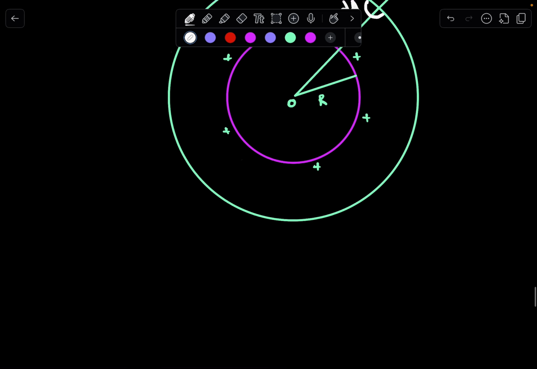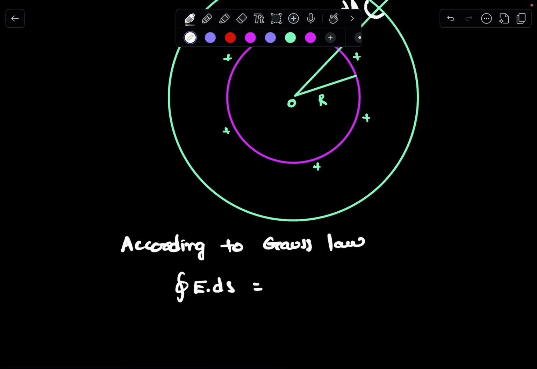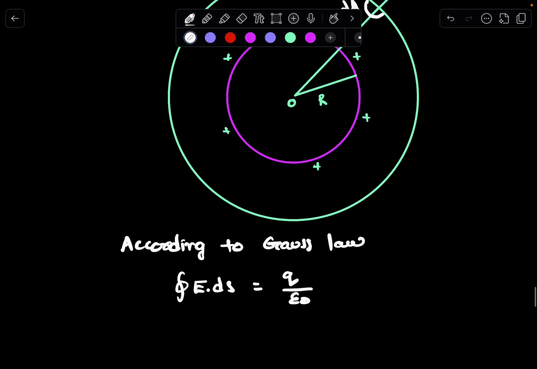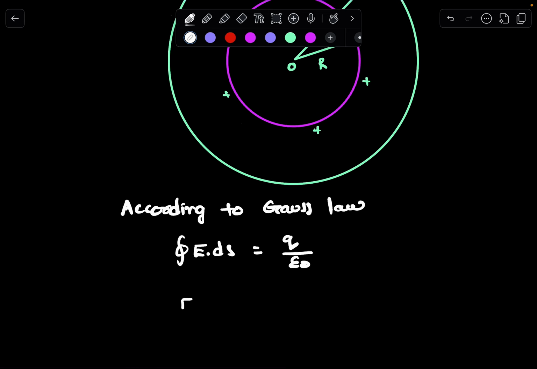So according to Gauss law, we know that the closed integral of E dot dS is equal to q by epsilon naught, right? Here E, I'm going to take out.